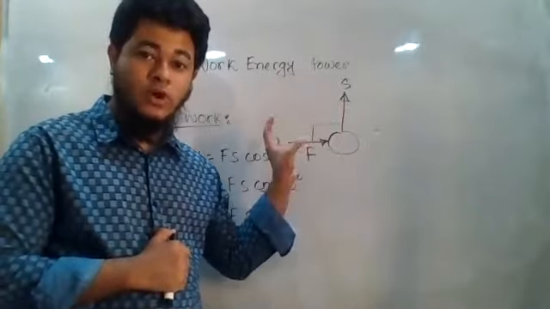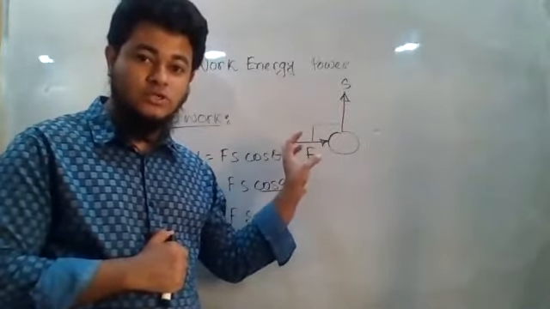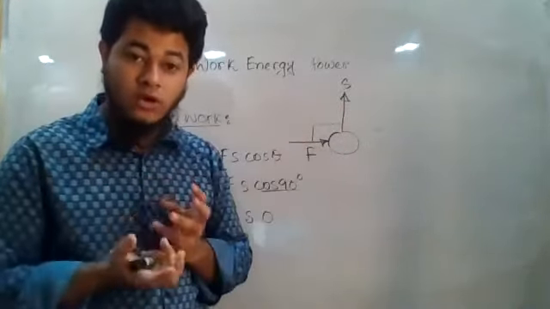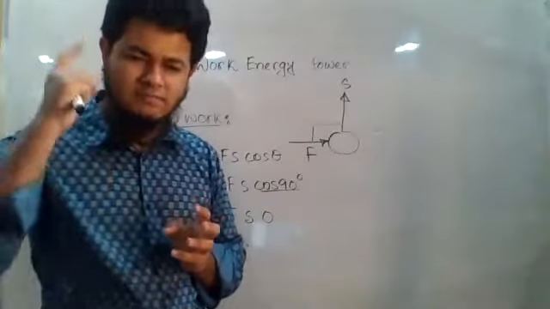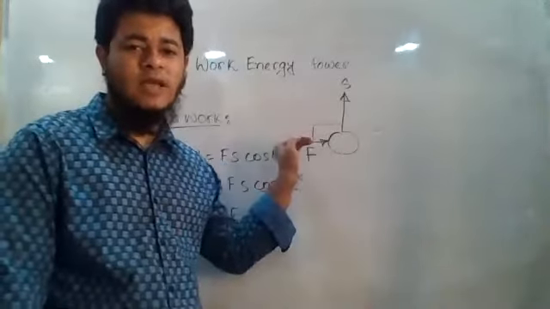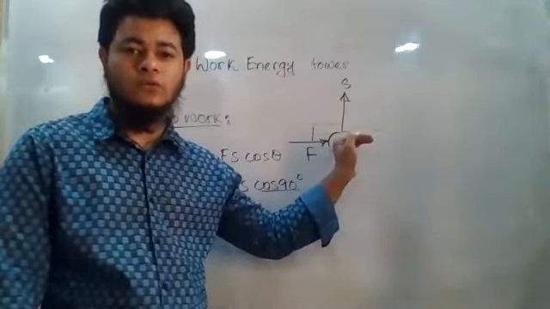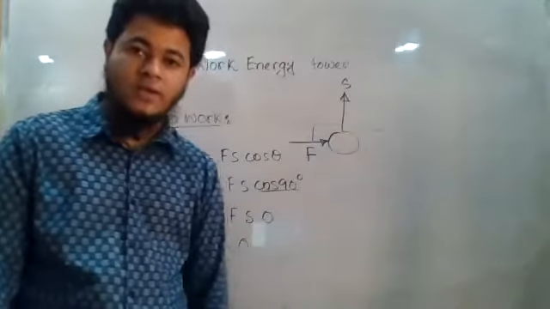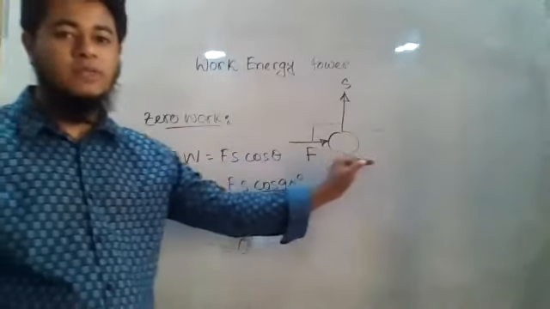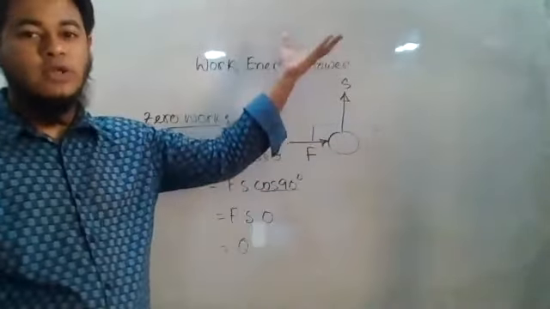If you say that due to this force some work is being done, there must be some displacement along the direction of the application of force. As there is no displacement along the application of force, it is just moving in the upward direction.